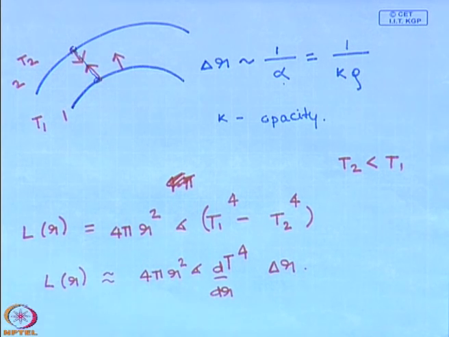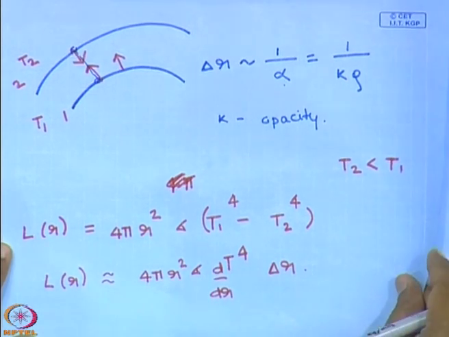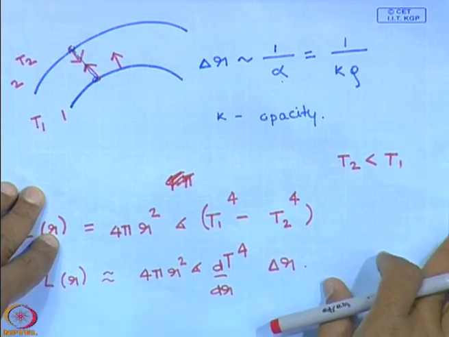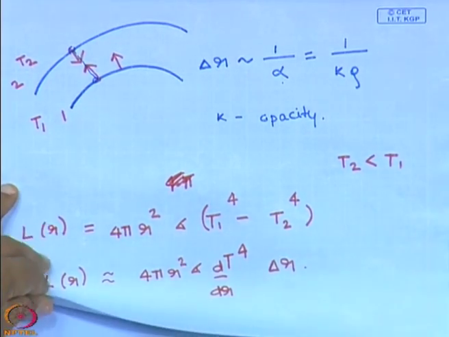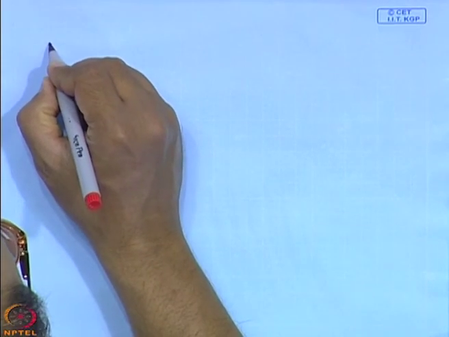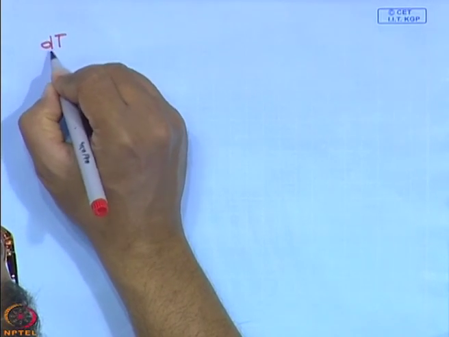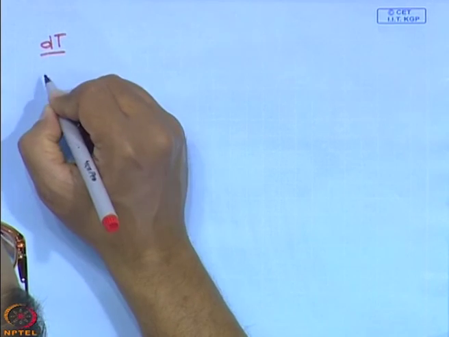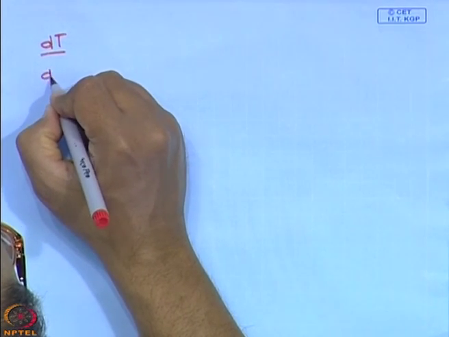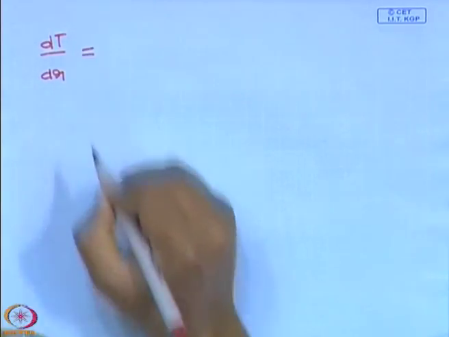Okay. And we can invert this relation. So, let me invert this relation to get the temperature gradient inside the star. So, the temperature gradient inside the star is equal to.